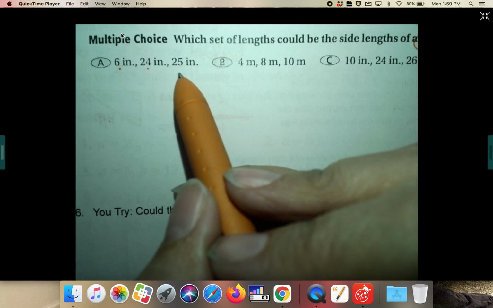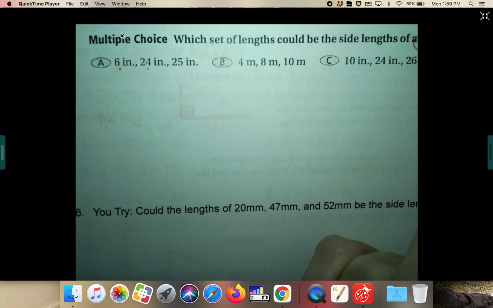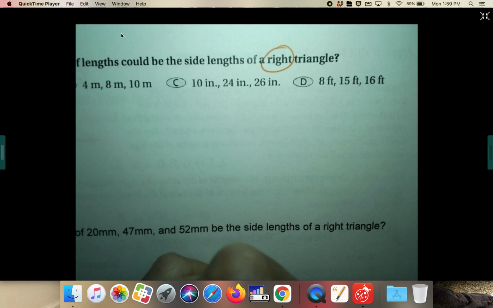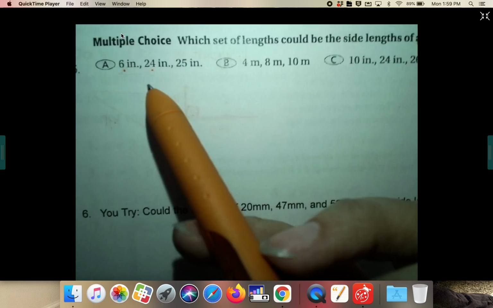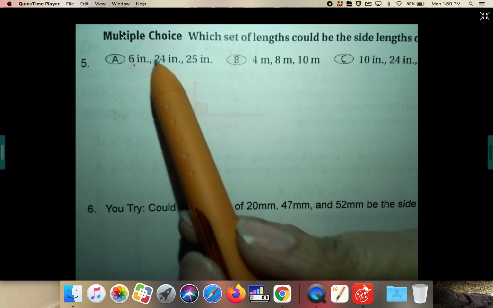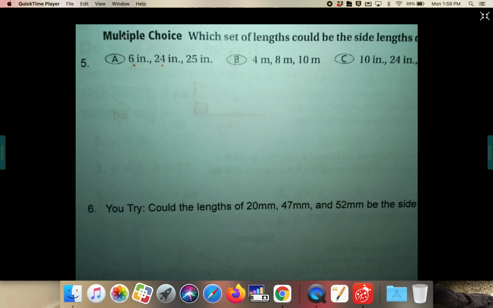And if it does not, then it cannot be a right triangle. But if it does, then it is. So we're trying to determine which of these is going to be a right triangle based on which 2 of these, when squared and added, exactly equal the third side.